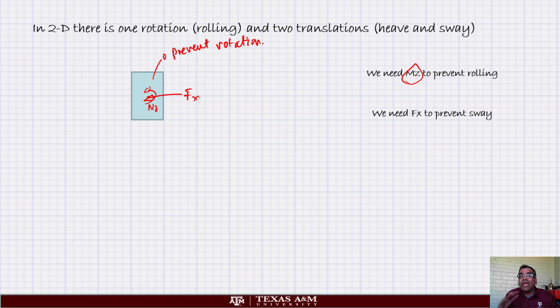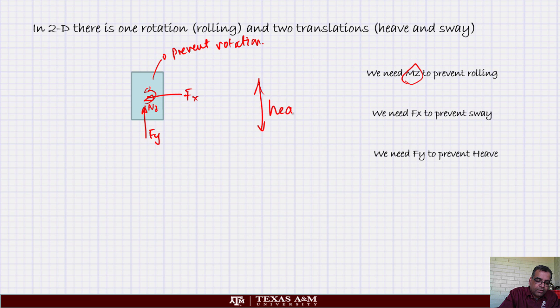So that's called swaying. When you talk about swaying, that's moving sideways is called swaying, and you need to prevent that. And last, but if you do those 2 things, it can still move that way. So you need to prevent that by applying a force Fy. And that's called heaving. Going up and down is called heave.